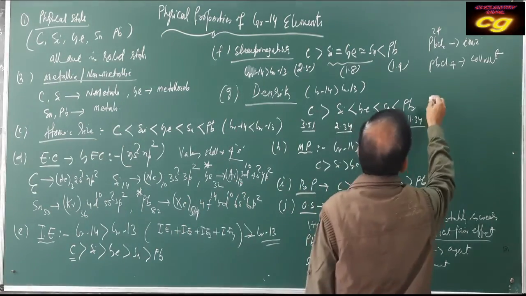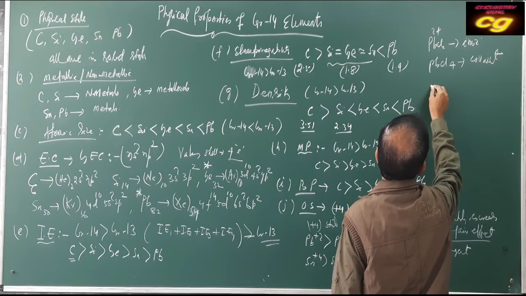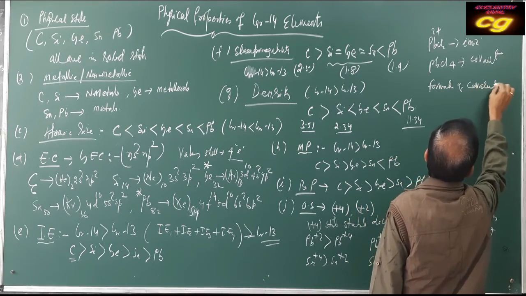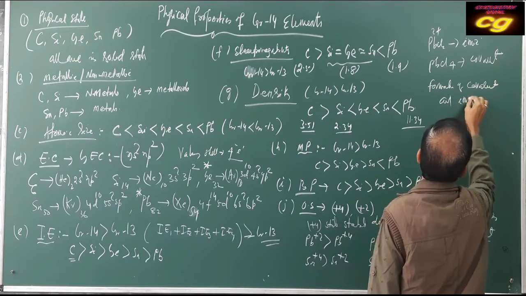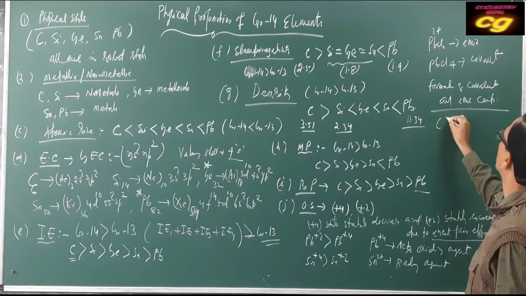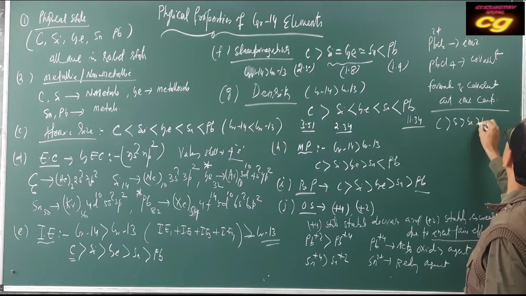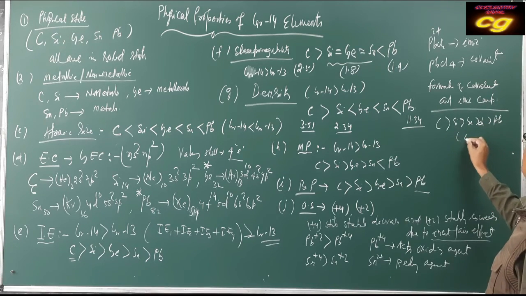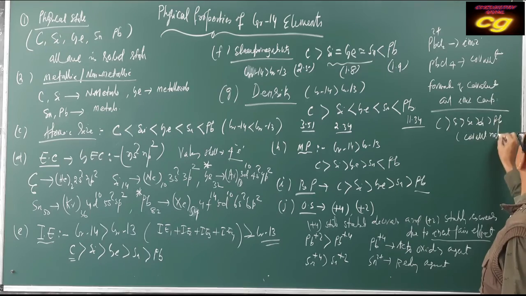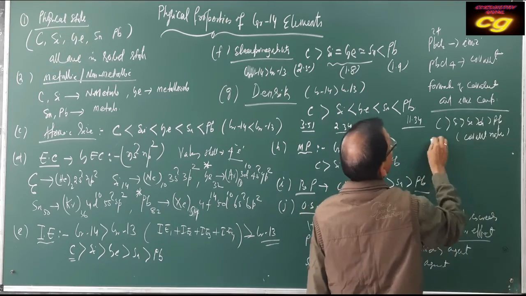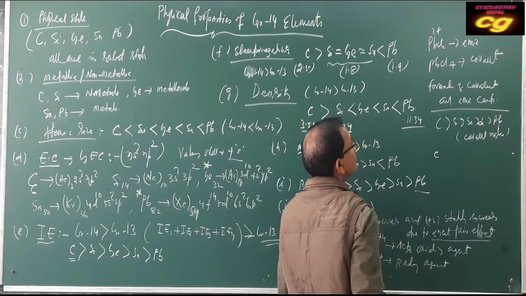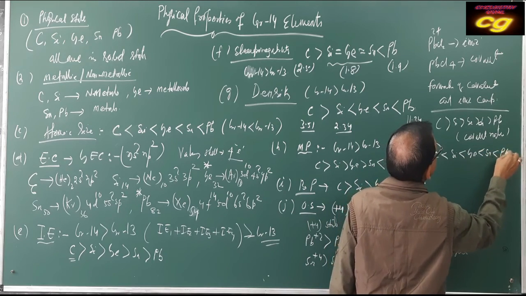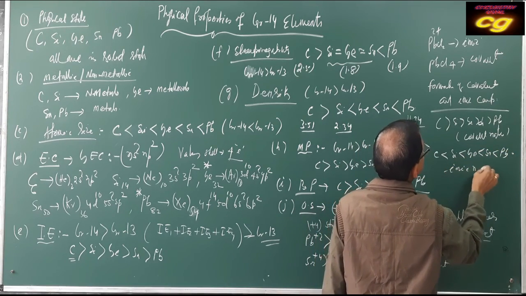Generally, if you compare covalent compounds and ionic compounds across carbon, silicon, germanium, tin and lead, the covalent nature decreases. And the ionic nature increases: carbon less than silicon, less than germanium, less than tin, less than lead.